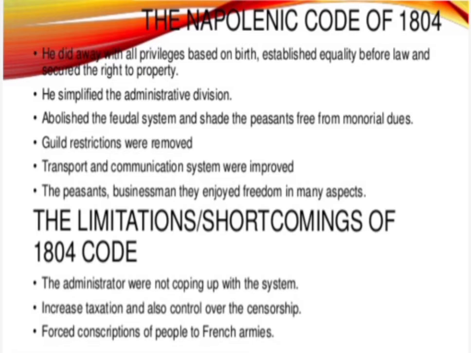His big dream was to conquer the world, so he needed many soldiers to help him. Without the permission of the people, he recruited them into the army. That was the reason the initial enthusiasm soon turned into hostility. People went against his administrative measures and against Napoleon.